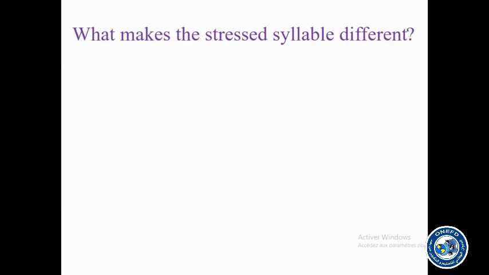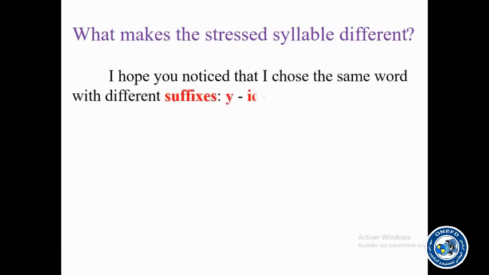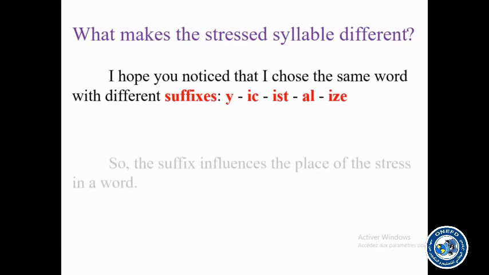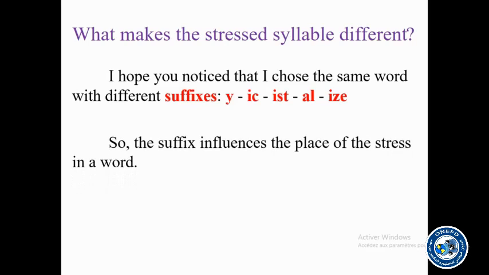So this is the question: what makes the stressed syllable different? What makes the stressed syllable shift? It is the same word, yes, but with different suffixes: ic, ist, al, and ize. And the suffix has an influence on the place of the stress in a word.